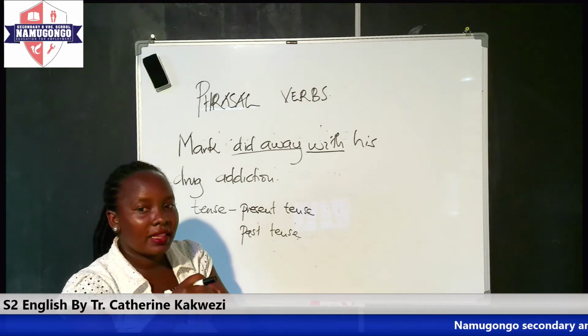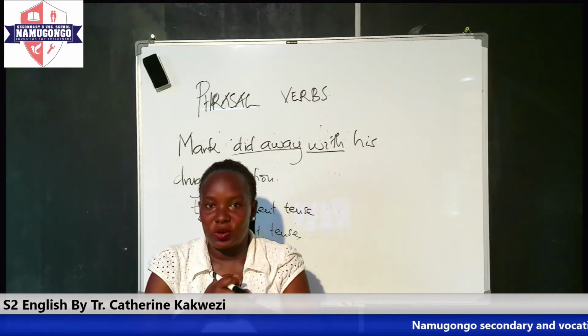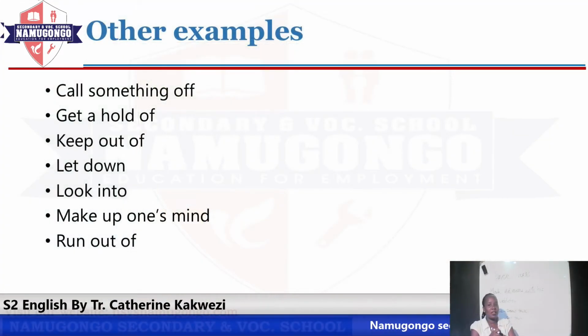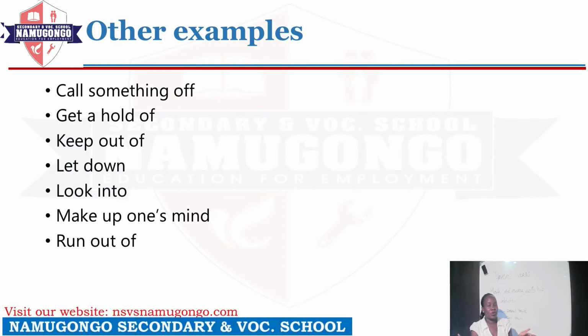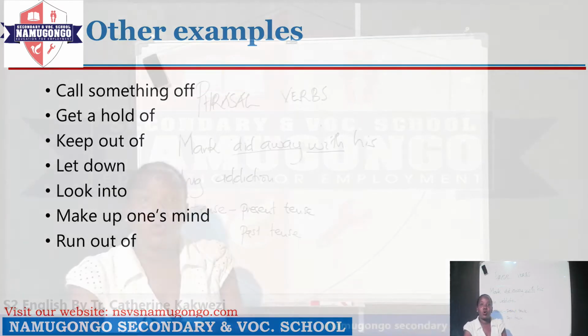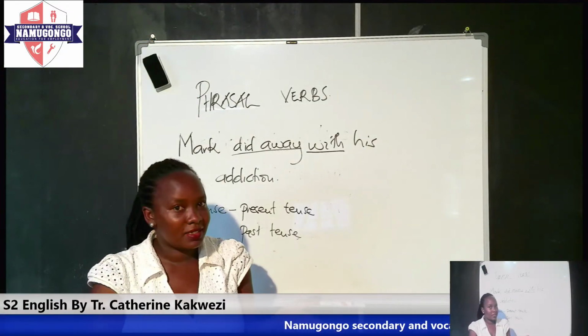So we have other examples like call something off. I am sure that is one of the very common ones that you use when you're with your friends. For example, if you had a sentence like, the teacher called off the test.